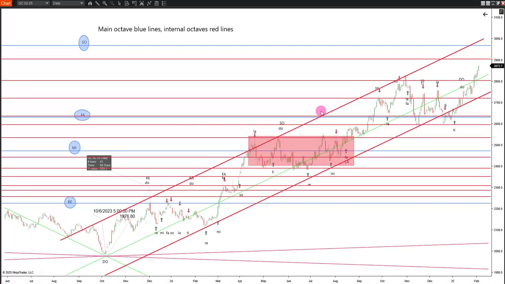When we went to the fa tone, we got minor resistance for about a week, and then it broke, and then that became an area of support. And then you can see the price action bouncing off the internal octave tones.